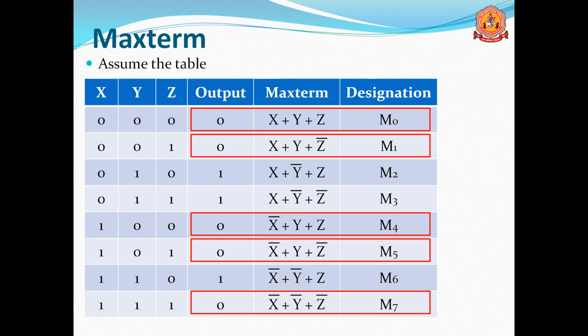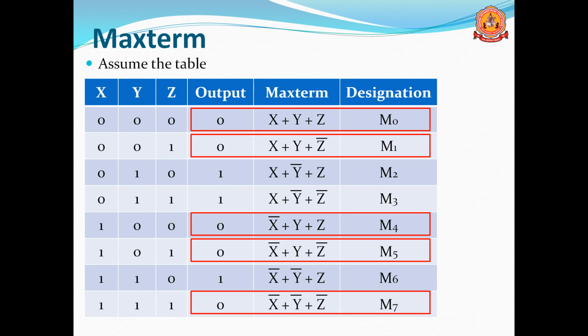Here is the example. Let us assume the table has 3 variables and 8 combinations. The output is given as 0, 0, 1, 1, 0, 0, 1, 0. In this case, we take only the terms which produce output 0. These are 0, 0, 0; 0, 0, 1; 1, 0, 0; 1, 0, 1; and 1, 1, 1.